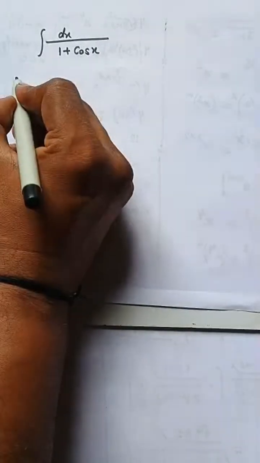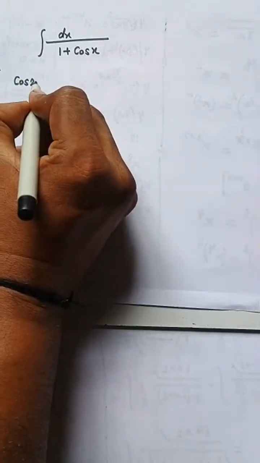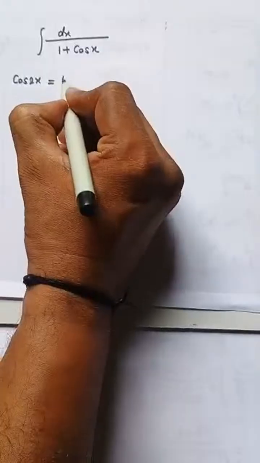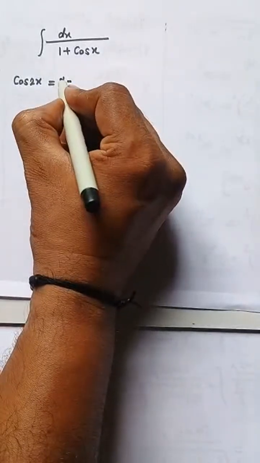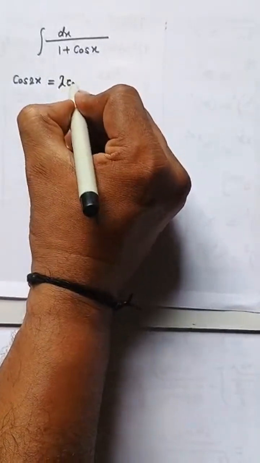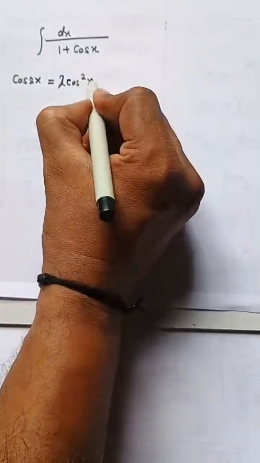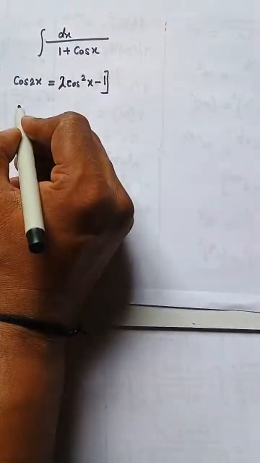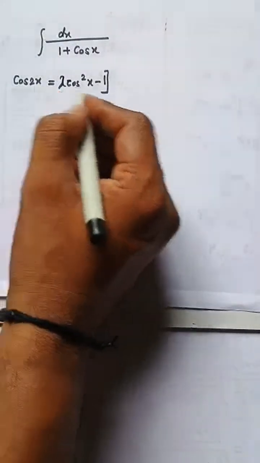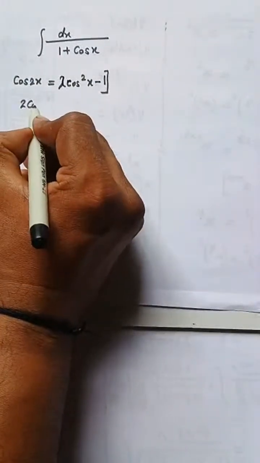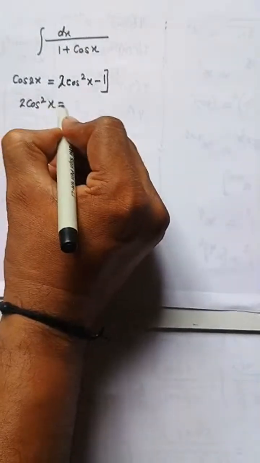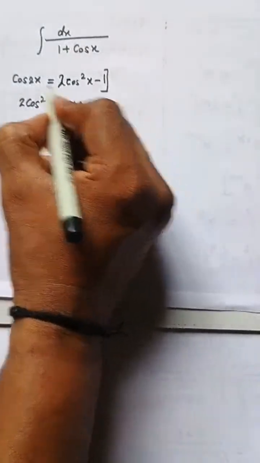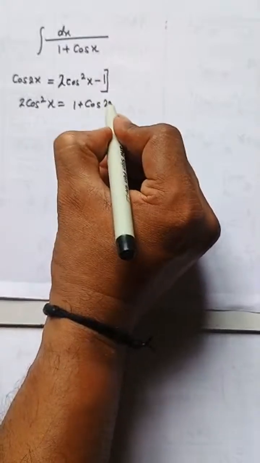We know that cos 2x is equal to 2 cos square x minus 1. I can use this formula, right? So 2 cos square x equals 1 plus cos 2x.